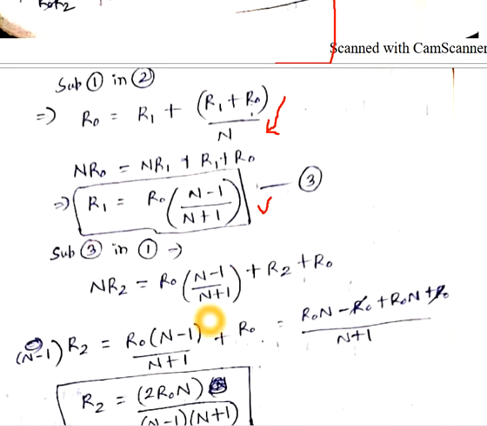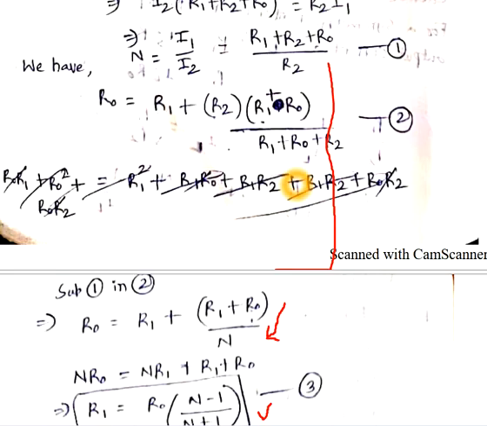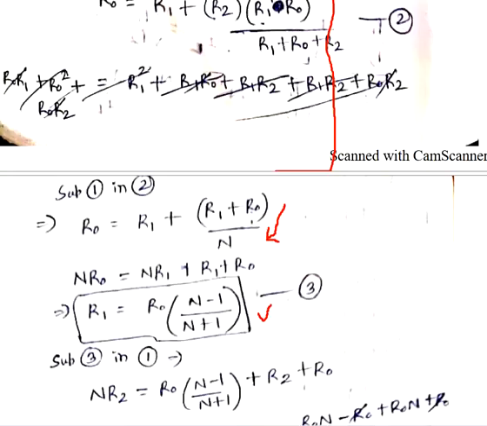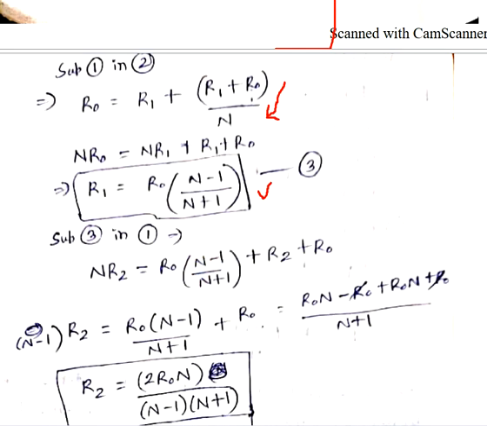Then in order to get R2, you have to substitute this R1 in equation number 1. What is that? You will get N into R2 is equal to R1 plus R2 plus R0, and here in place of R1 you substitute equation number 3, that is this, plus R2 plus R0.